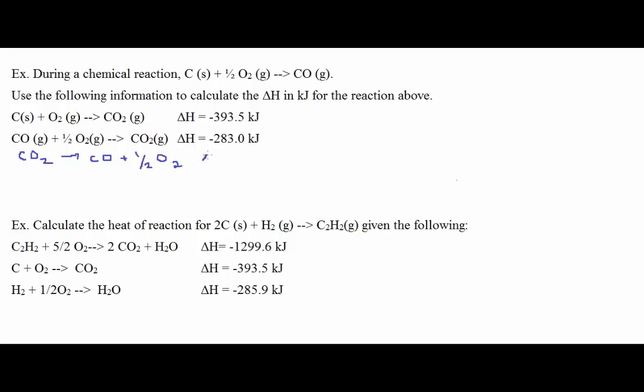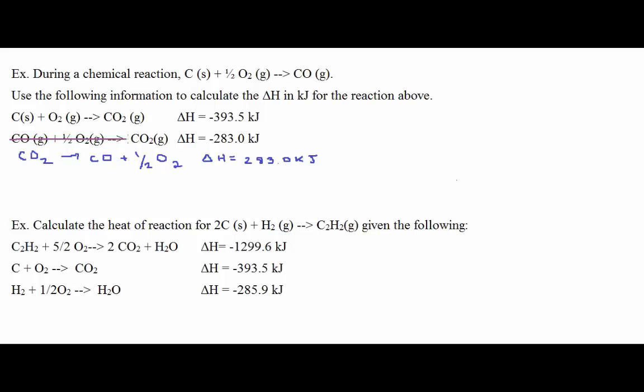And the way that I make up for the fact that I flipped this reaction is that my change in enthalpy is now going to be the negative of what it was before. So now it's going to be 283.0 kilojoules.